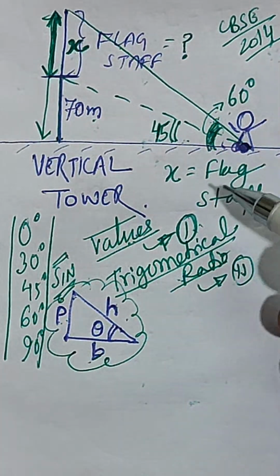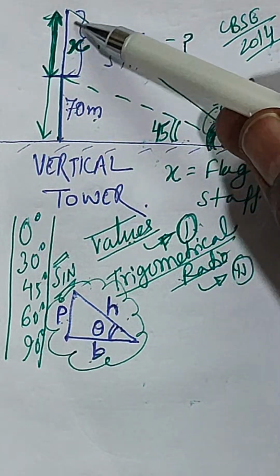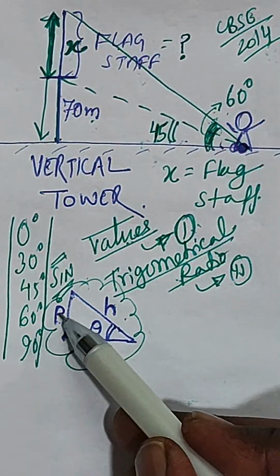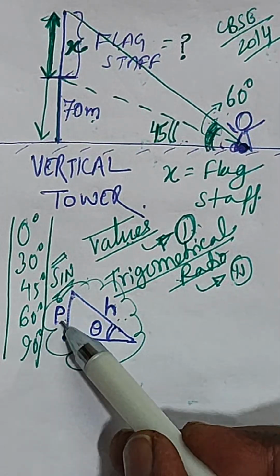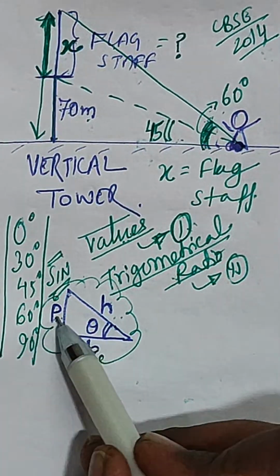So, students or my dear friends, here we can see the height of the flag staff, which needs to be calculated, is a part of the perpendicular, base or hypotenuse? Tell me. Definitely the perpendicular.